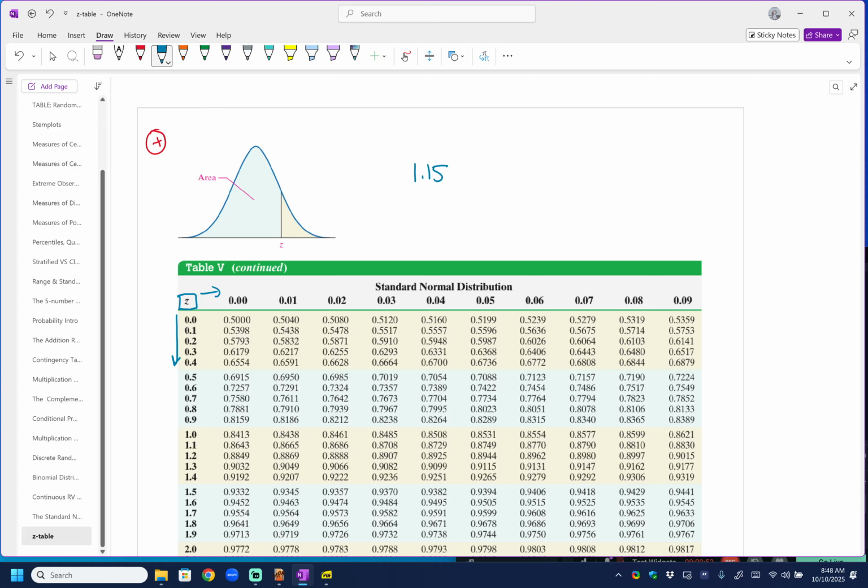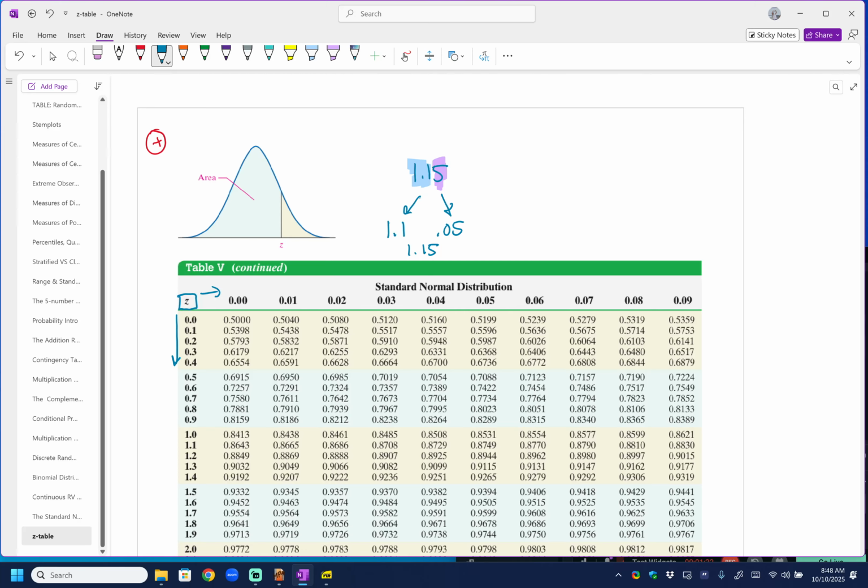So think of it this way. Think of it as breaking up the number into two pieces. So if we were to break up the z-score, this would be 1.1 and this would be 0.05. If we added these together, we would get 1.15. It's kind of a weird way to split up the numbers, but it's very effective when it comes to finding the appropriate area.